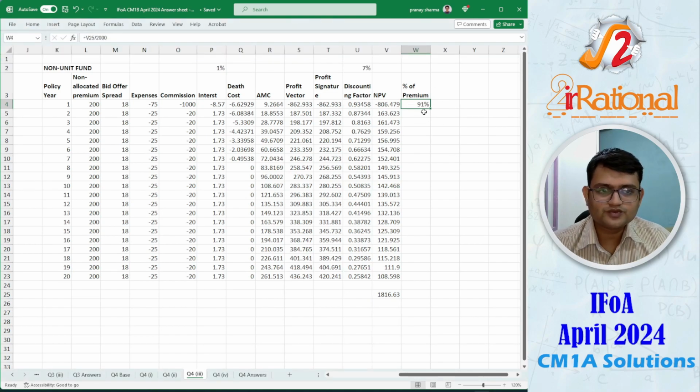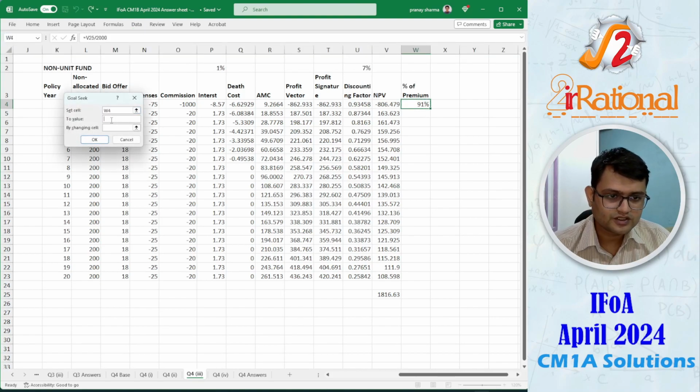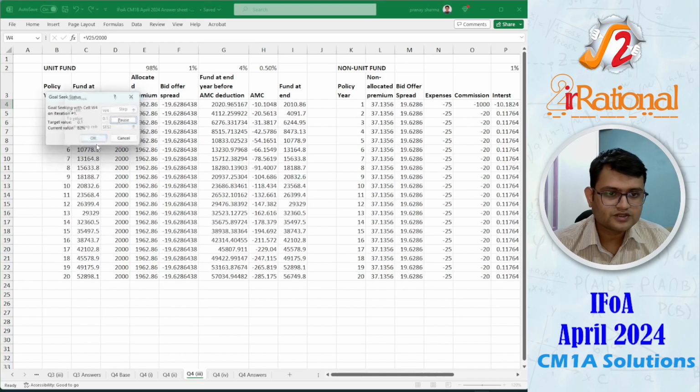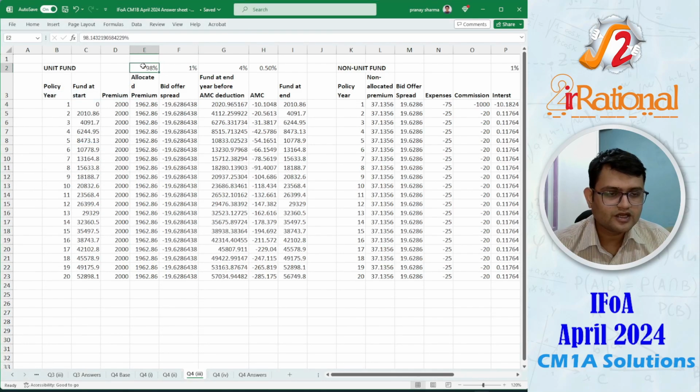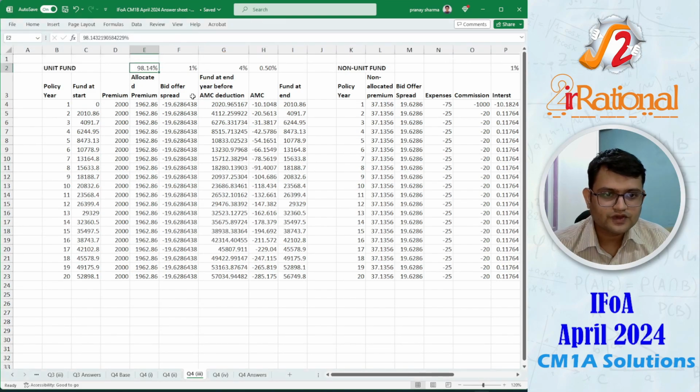We want this to be 10%. So we'll use goal seek data. What if analysis, goal seek, to value 0.1 by changing cell. This is the allocation rate. So we got 98%. I want more decimal places. So we have 98.14%.